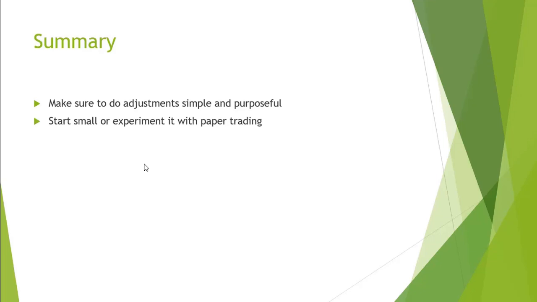Once you get good hands-on experience, then you can enter multiple-lot trades. Or else, if you still don't have much confidence with multiple adjustments, you can simply do paper trading and find out how your trade goes and how your emotions are handled in these trades. Based on that, you can do real trading.